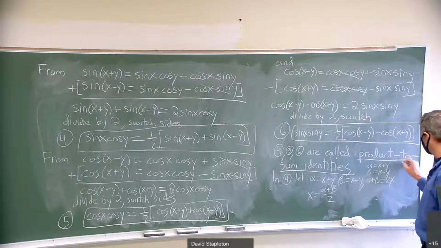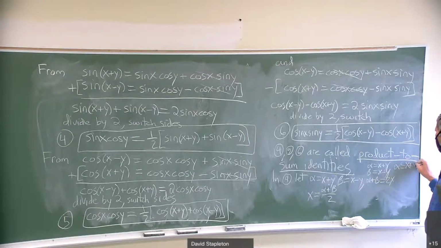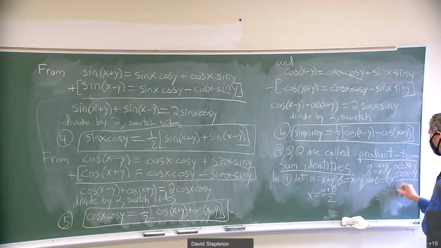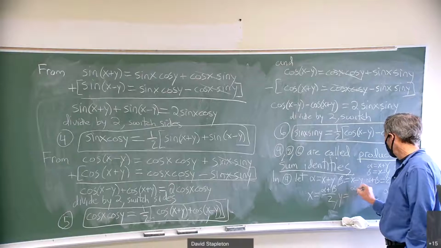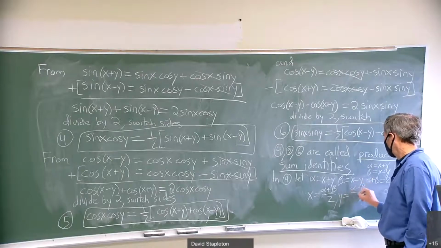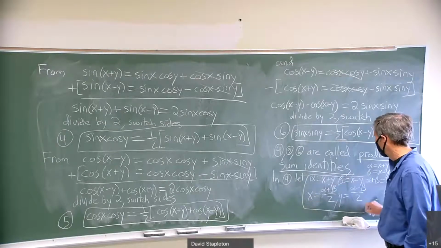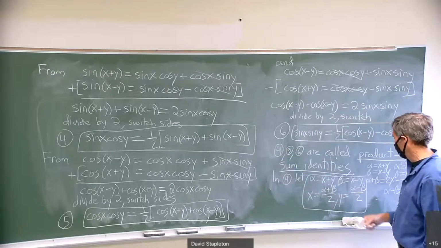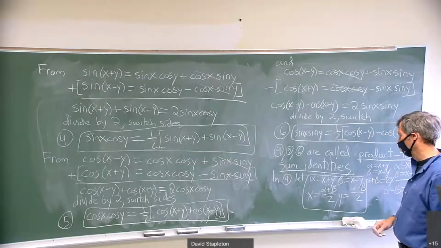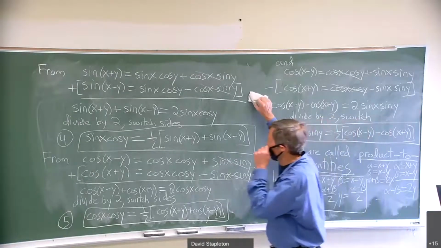Similarly, if you subtract them, alpha minus beta on the left, the x's cancel, and you get y minus a minus y is 2y, and you wind up with y is alpha minus beta over 2. So this is the substitution you want to make. If you let alpha be this angle and beta be this angle, then that's what x and y have to be just by solving for them. And suppose I put that into equation 4 here.